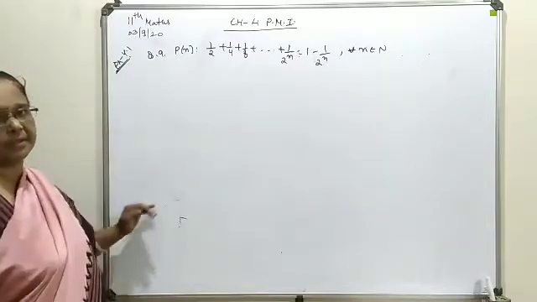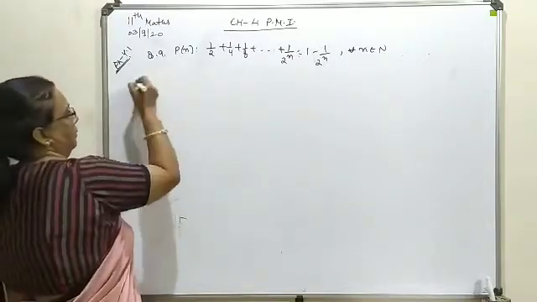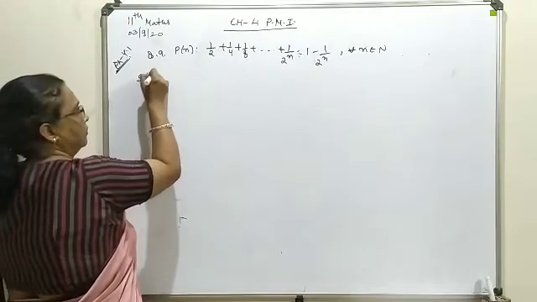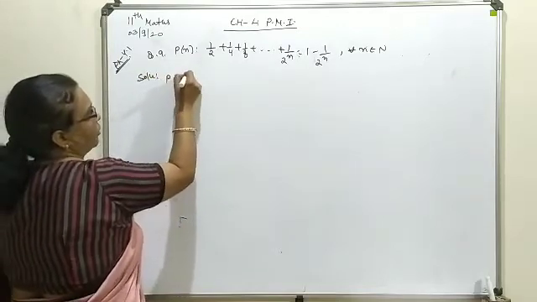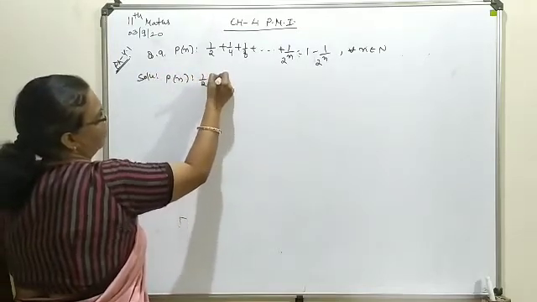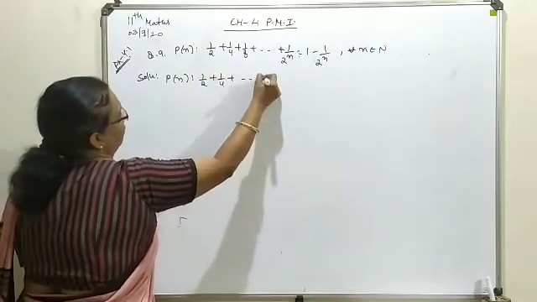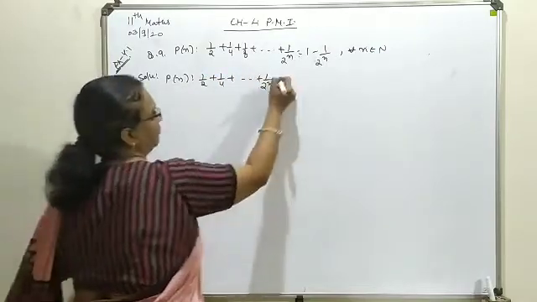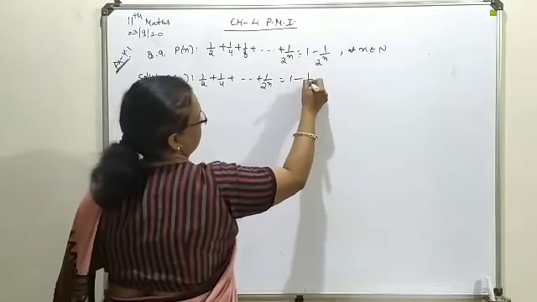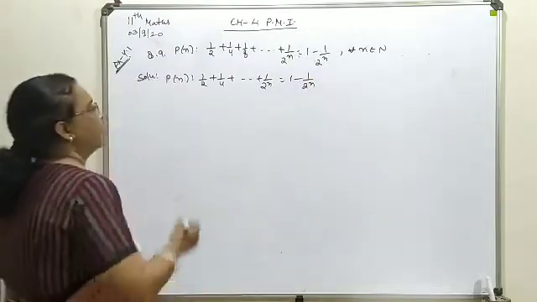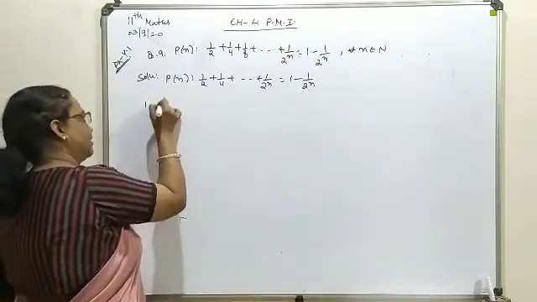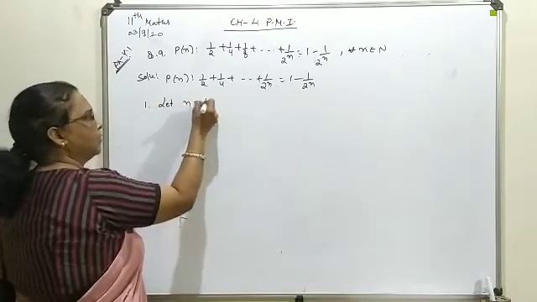Now again the basic steps will start. Your question is given as 1 by 2, 1 by 4, 1 by 2^n. First step, let n is equal to 1.